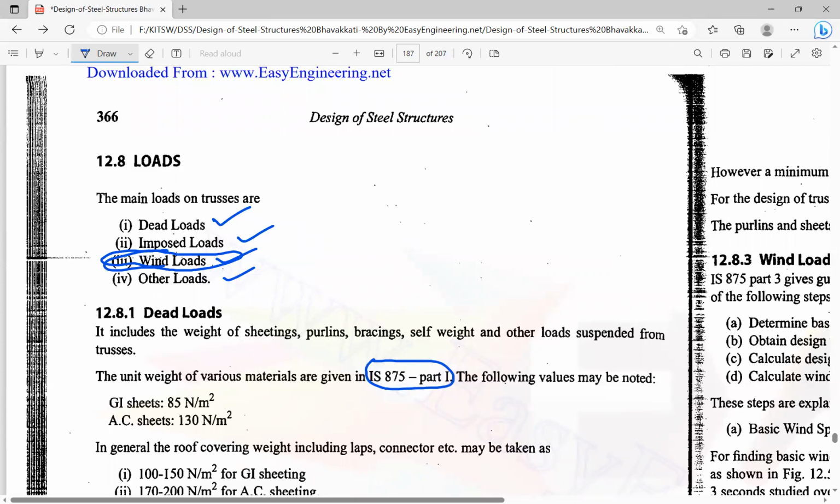For GI sheet, the load considered is 85 Newton per meter square, that is 8.5 kg per meter square. So this is the load according to IS 875 part 1. For AC sheet, it is 13 kg in one meter square area. So this is the load for AC sheet, okay.